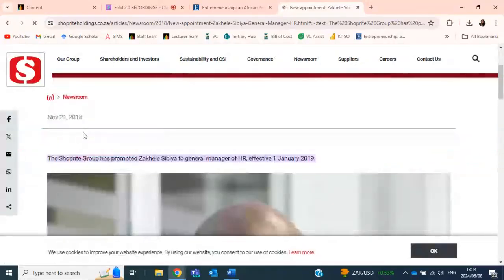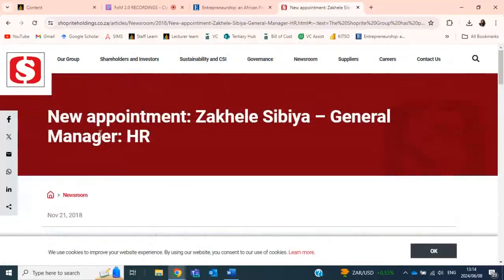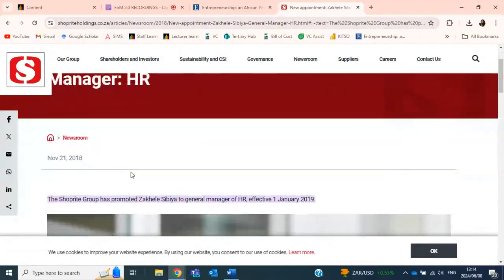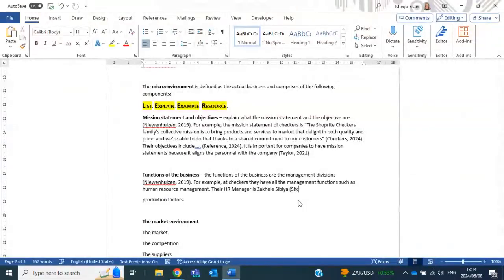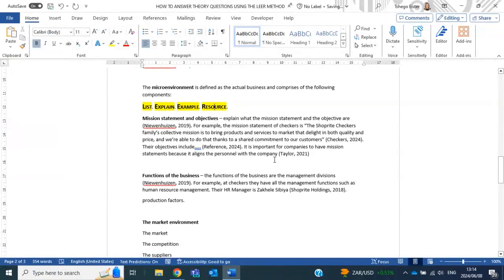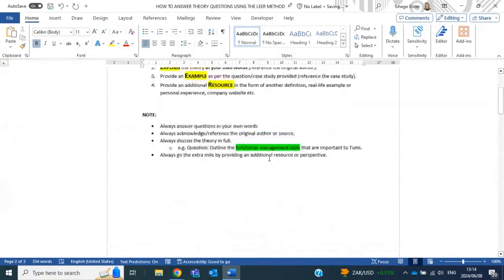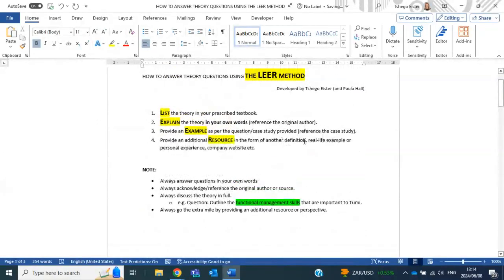Okay, so if you go into that, you see there's no author for this, so we'll just call it Shoprite Holdings, and this was 2018. So then we've got our example here. Then a resource, and with this resource, it could be in the form of another definition, a real life example, or personal experience.